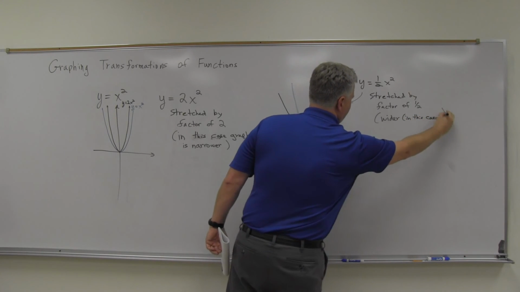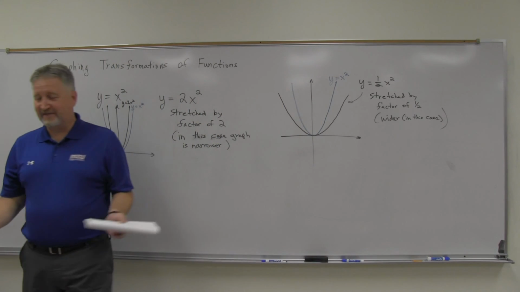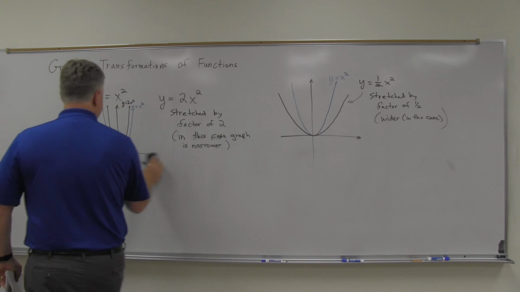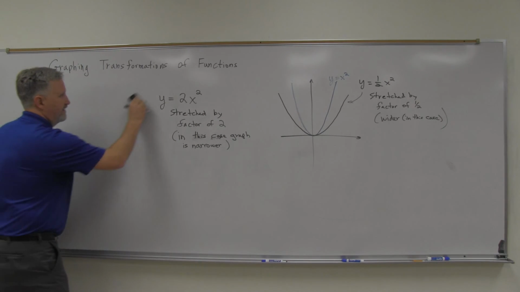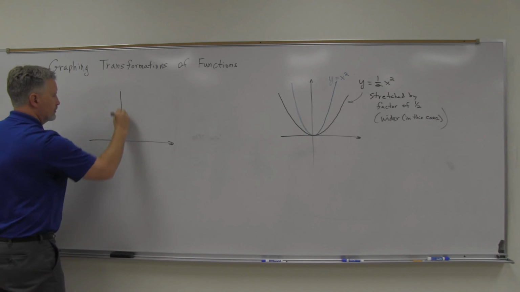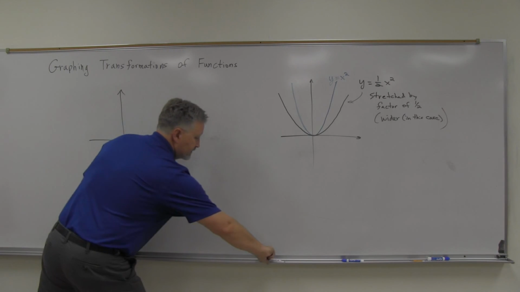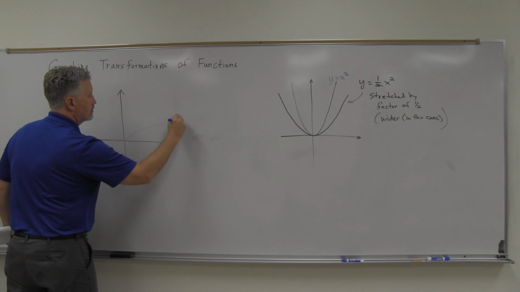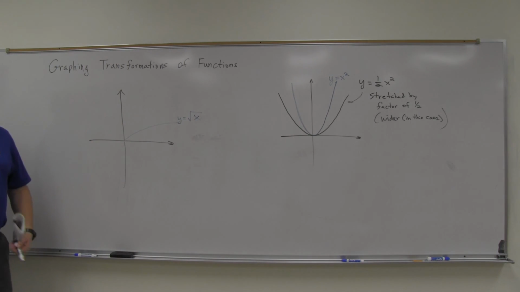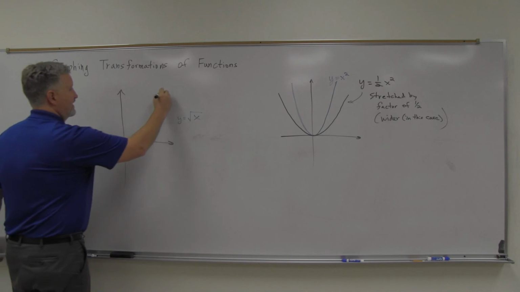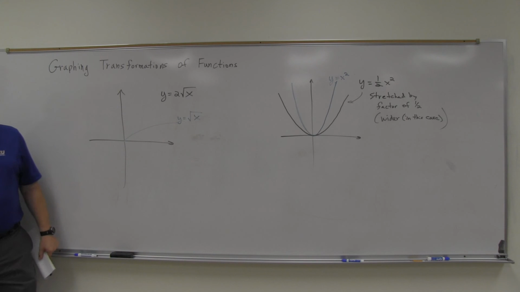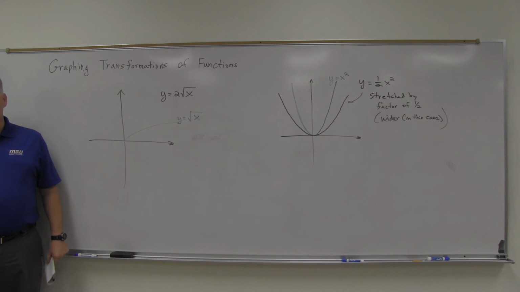Now the reason I keep harping that it's wider in this particular case is look at this. If you look at the square root graph, that's what it looks like. If I do y equals 2 square root of x, well, stretch by a factor of 2, is that going to make it wider or narrower?